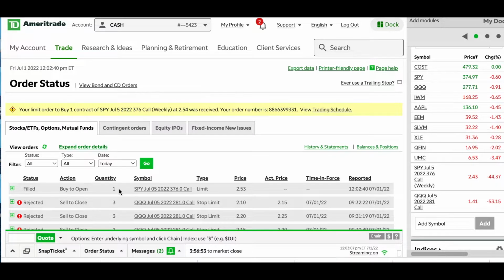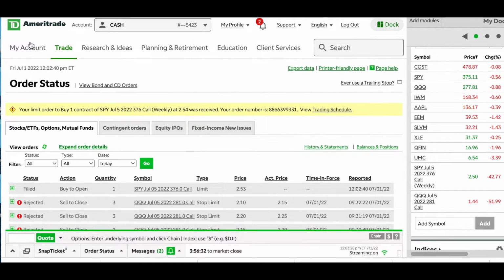So we got our buy to open filled. We bought one SPY July 5th contract at a strike price of 376. It's a call, meaning we think it's going to go up in value, and the price was $253.